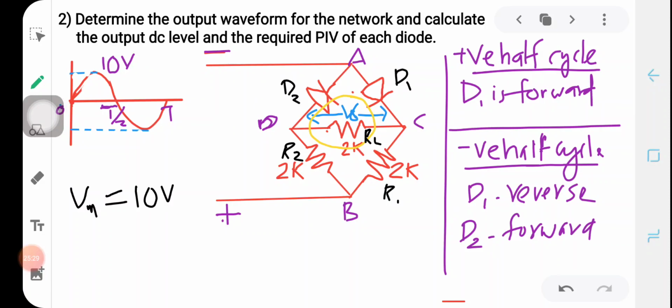So if D1 is reverse biased, it can be replaced by an open circuit, and D2 is forward biased, it can be replaced by a short circuit.